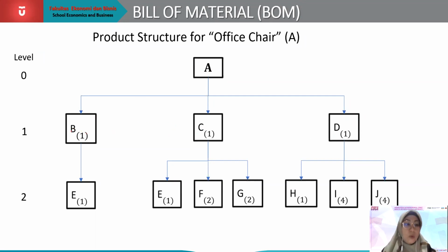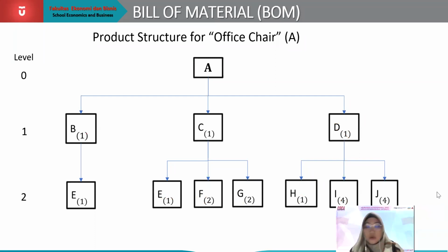For making one component B, you need one component E. For making one component C, you need one component E, two component F, and two component G. And for making one component D, you need one component H, four component I, and four component J. So this is the product structure.